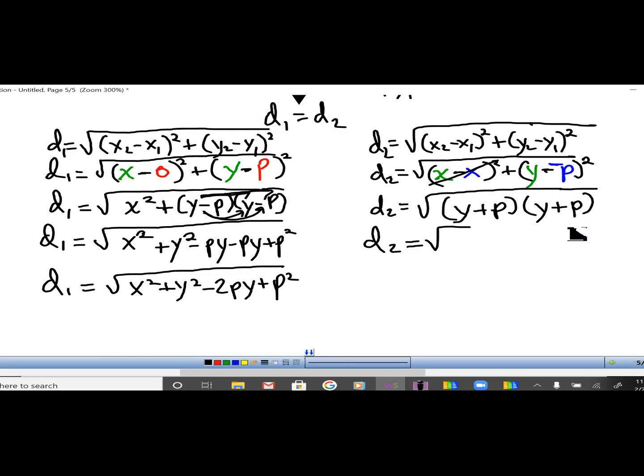Distance 2. Let's distribute that. We get y times y, y squared. y times p, that's py, p times y, that's py, p times p, that's p squared.